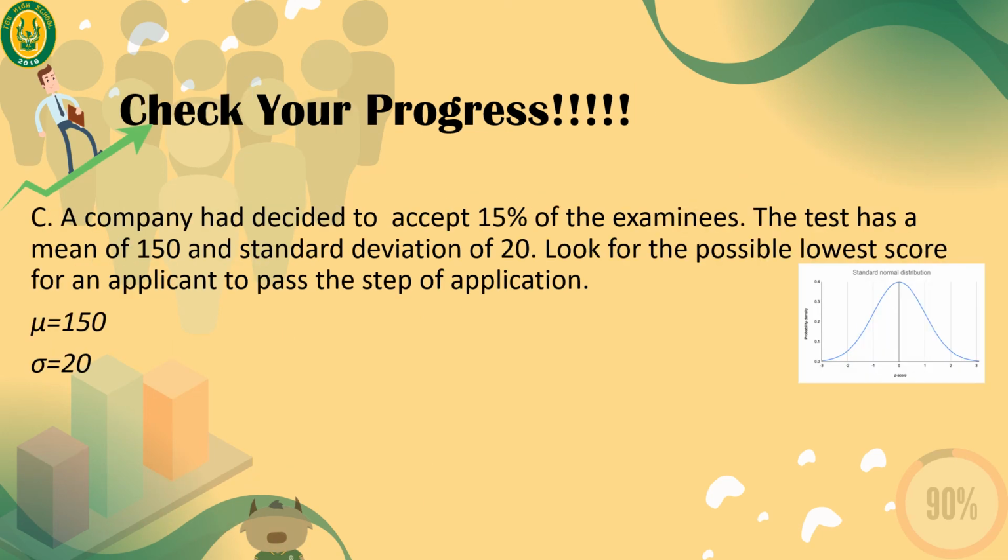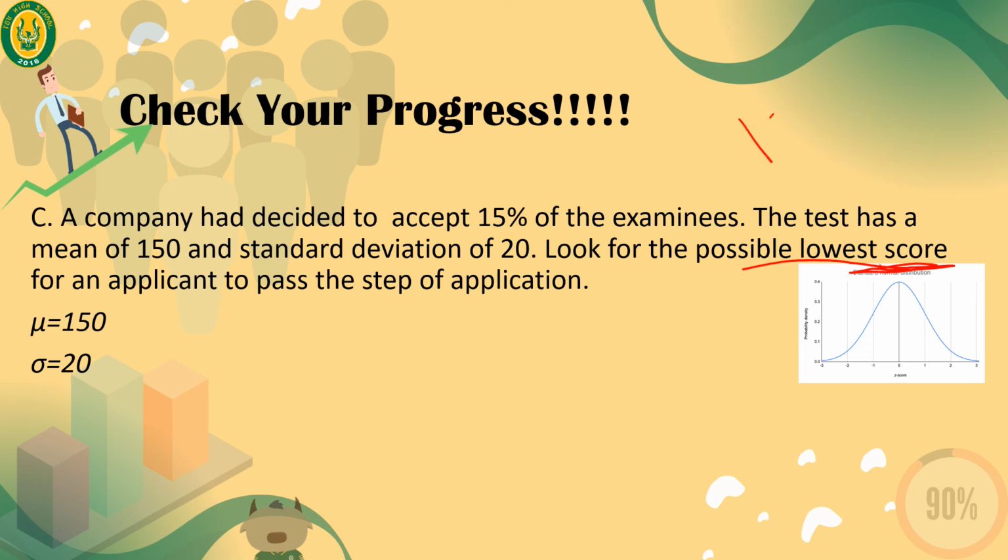For the last problem, okay, this is a word problem. For example, a company has decided to accept 15% of their examinees. The test has a mean of 150 and standard deviation of 20. Look for the lowest possible score for an applicant to pass the step of application. So you're looking at the lowest possible score.